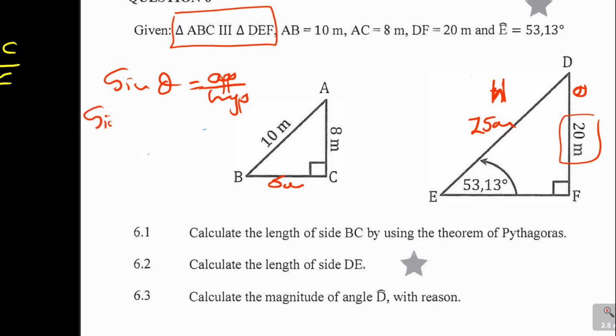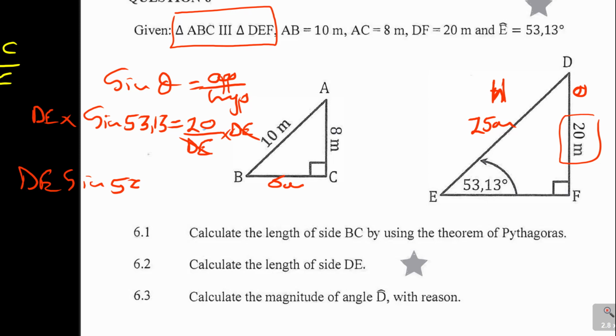So sine 53.13 is my opposite, 20, over hypotenuse, which is DE. Then how do I find DE? You multiply by DE here, you also multiply by DE there.